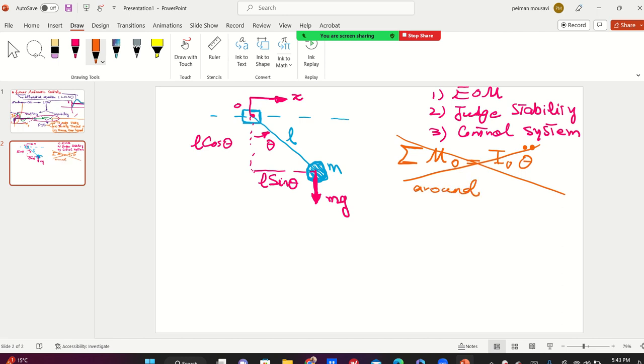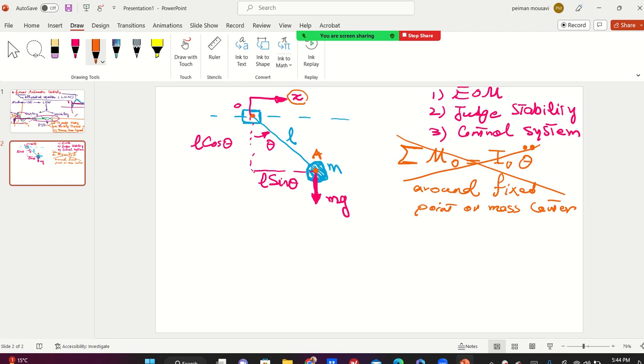Around a fixed point or the mass center. This point O is moving with x, so you cannot apply it. It's not a fixed point. So you can only apply it here, at point A, the mass center of this particle.